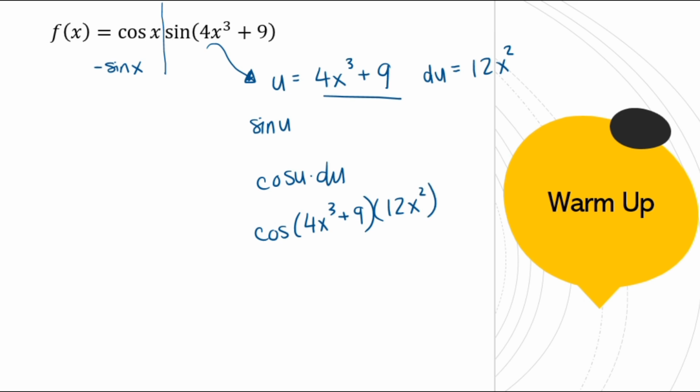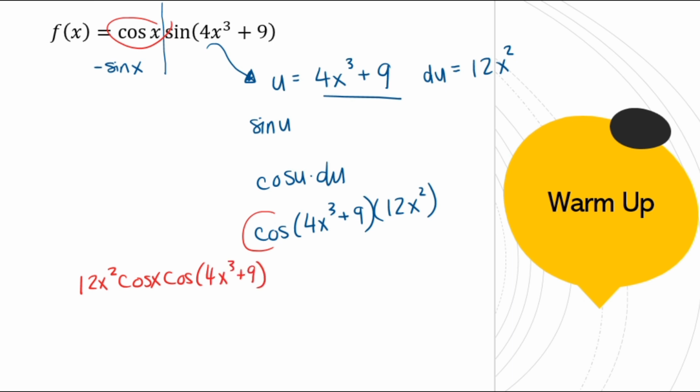Now we're ready to do our kitty corner. We know that when we do the first one, we're just adding, so cos x is going to multiply by this. I'm going to clean it up as we go. We are going to have 12x squared in front, and then I'm going to put the cos x next, and then the cos of 4x cubed plus 9.